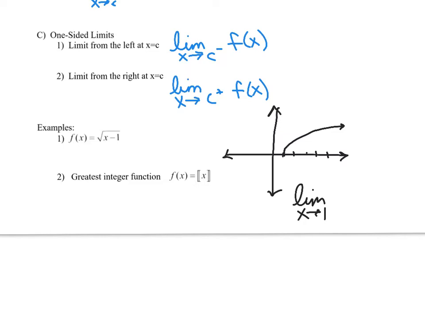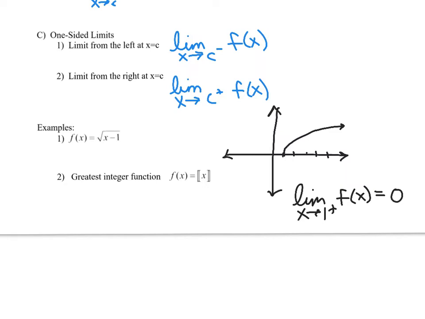So we're going to write this as the limit as x approaches 1 from the right side of the function f of x, which is square root of x minus 1. And I see that that function value should approach 0. You'll notice that, again, I can't approach 1 from the left side because there aren't any function values on the left side.